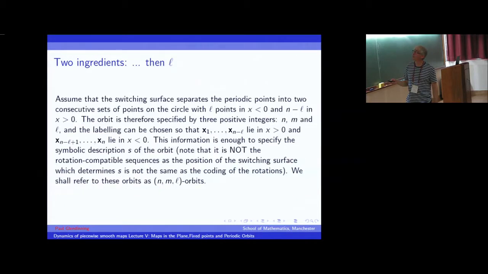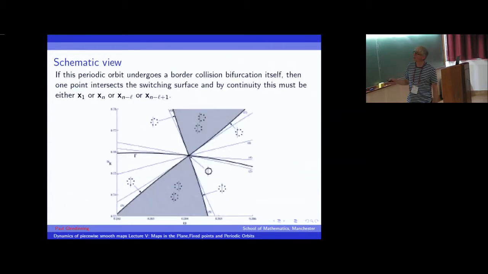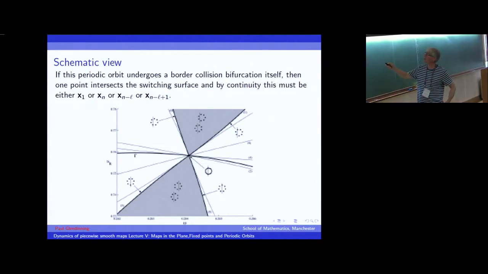And again, I apologize, maybe I'll draw a bit of this. So the basic story is that when I have a periodic orbit, this is meant to be indicating a periodic orbit, and here's the boundary.